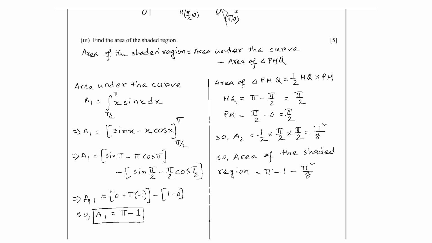Let's use the calculator. Using the calculator, we get the value 0.91 units squared. So the area of the shaded region is 0.91 units squared. So this question has been solved completely.